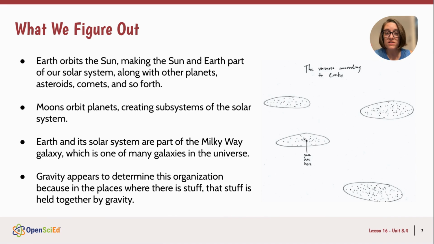Within that solar system, there are smaller subsystems where we can look at moons orbiting planets, and the solar system is actually a part of the Milky Way galaxy, so we can zoom out or scale out as well as zoom in. And when we look at the universe, there are many galaxies, not just the Milky Way. And it appears that gravity determines the organization because where there's stuff, those galaxies, it's all held together by gravity.